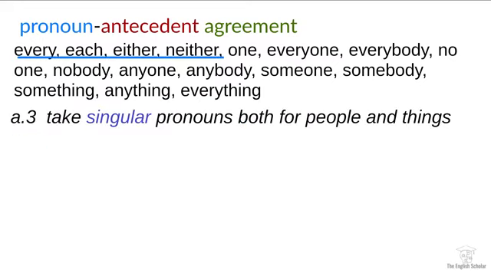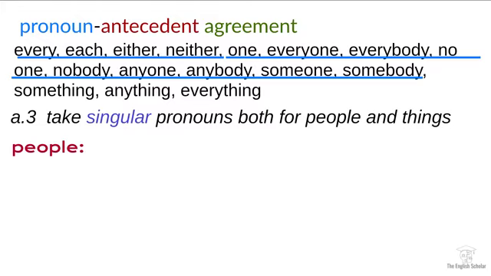Each, either, and neither take singular pronouns too. They can refer to both people and things. When they refer to people, their gender is easier to identify compared to these, because they are mostly paired with nouns that tell you whether the person you refer to is female or male.